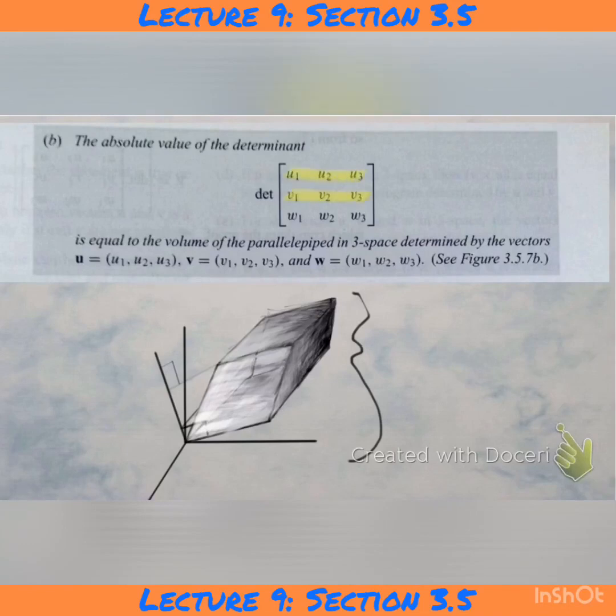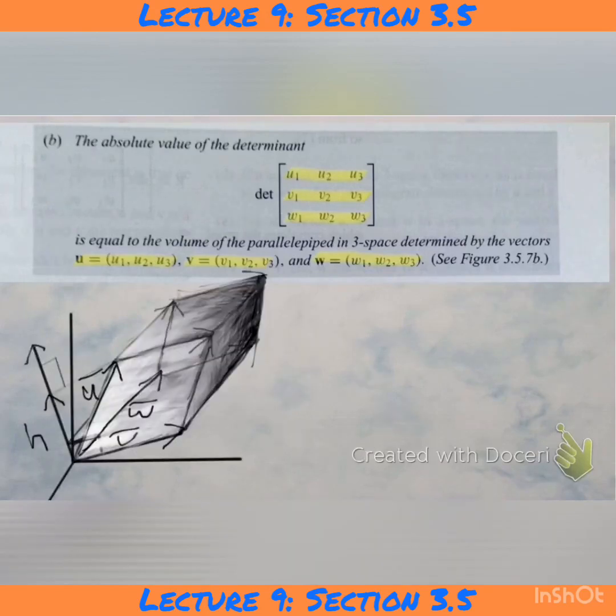Okay, now what is this matrix? The entries of that matrix are basically entries of three vectors, u, v, and w. Now, what are these three vectors? Where do they fit into the picture? There we've got the parallelogram in three space, and we have the vectors that form it.